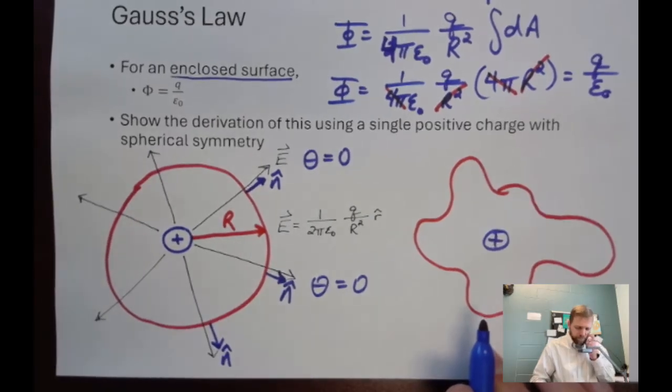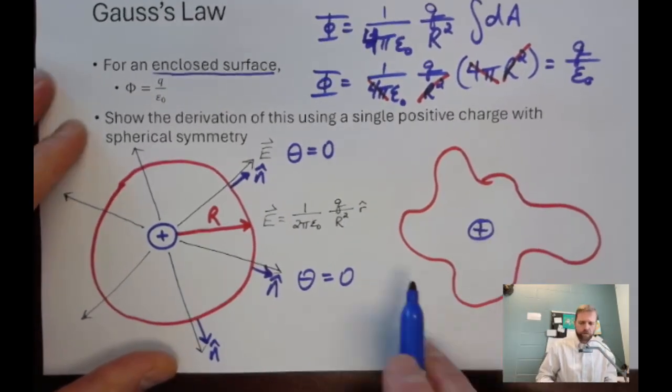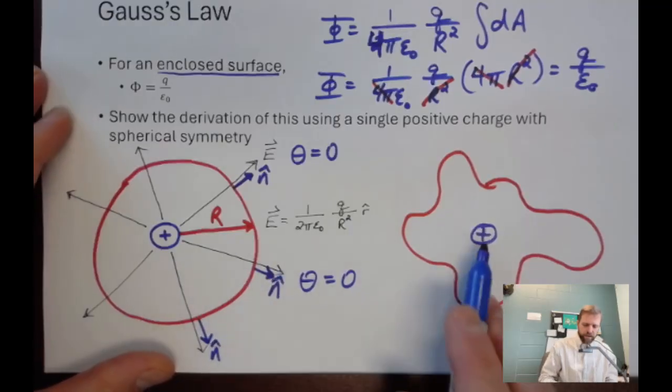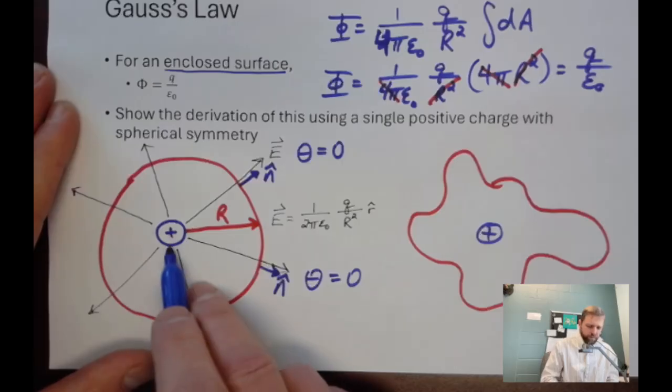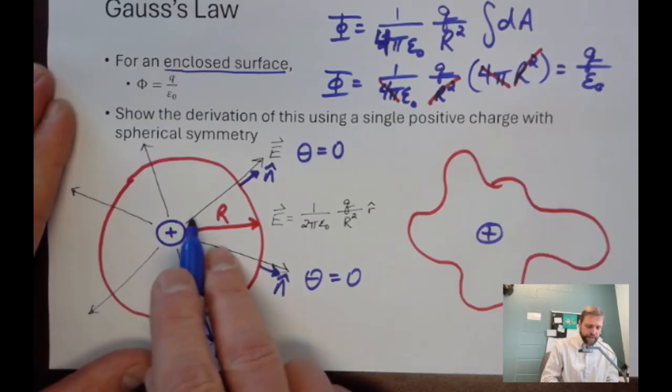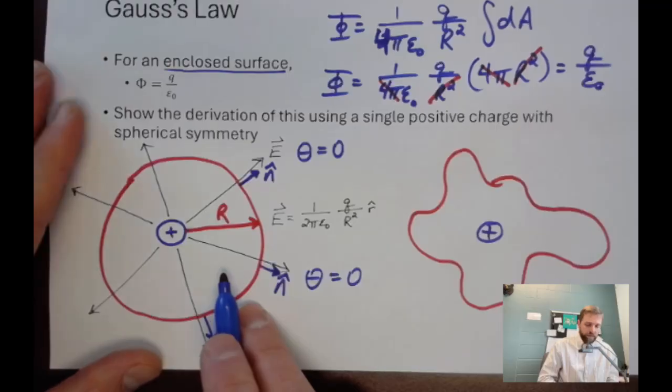Now, we're not going to try to prove this. Let's just think conceptually about this. All of the electric field from this positive charge is going out of the surface, all of it.